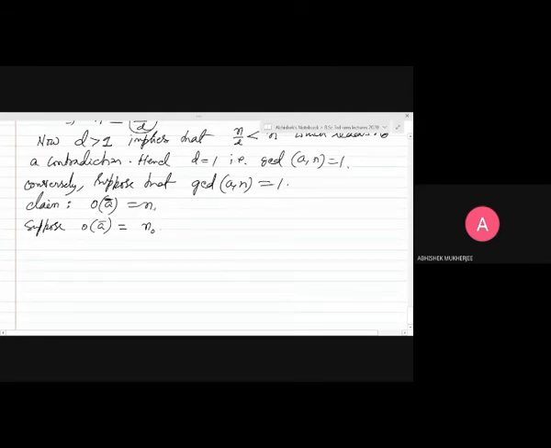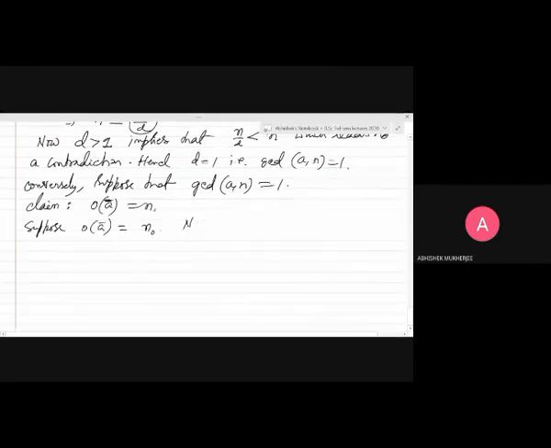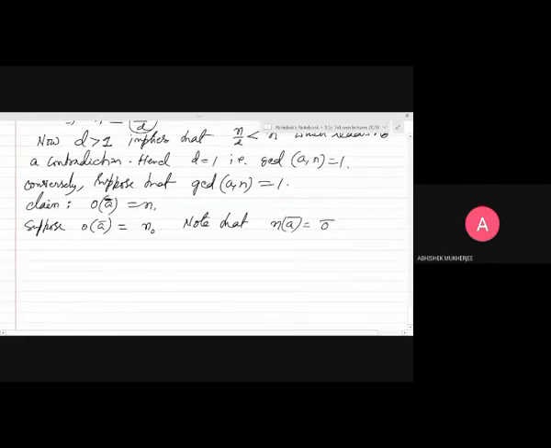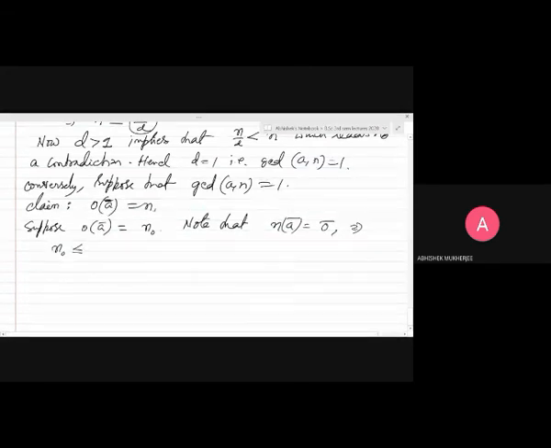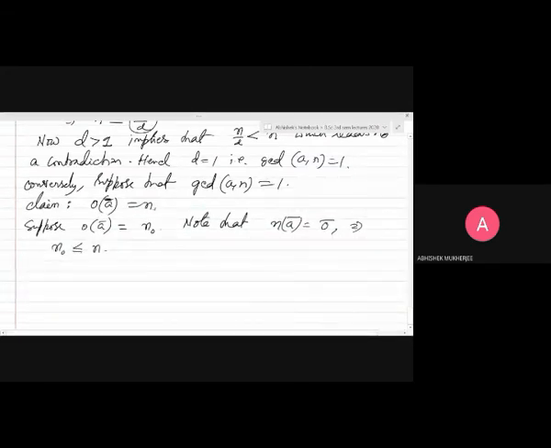Now note that n a class, if you add a class n times, gives you the 0 class. So this implies n naught must be less than or equal to n, because n naught is the least positive integer for which n naught times a class is the 0 class.